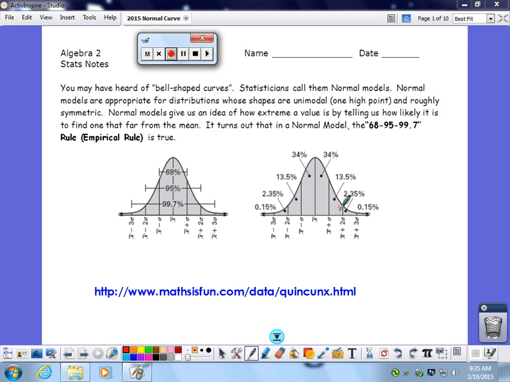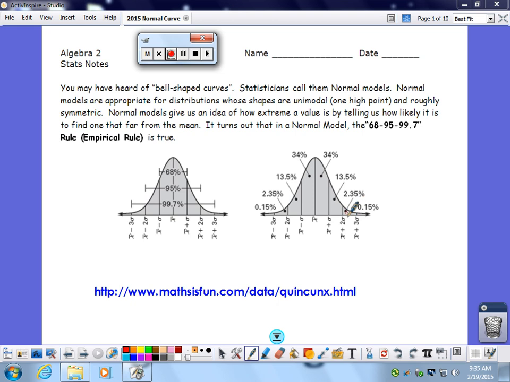All right, continuing out, same difference here. We're going to subtract 95% from 99.7%. We're going to be left with 4.7%. Here again, split that. So 2.5%, 2.5%.